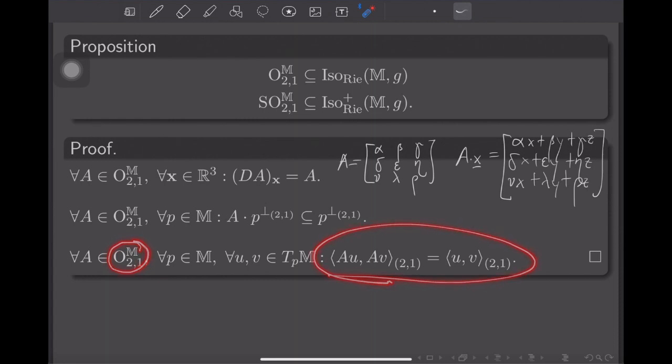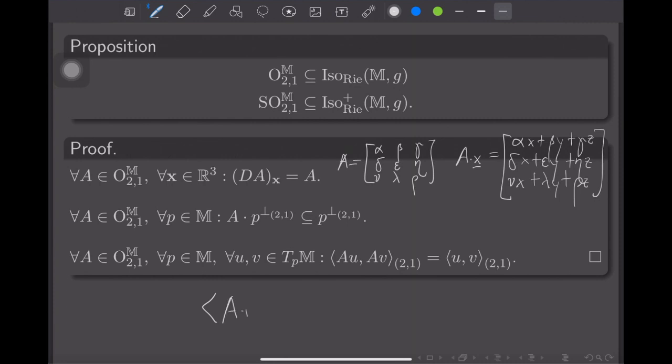Again, if I take any point P in the hyperboloid and any vector X in R3, A has this property: A times P, A times X is equal to the original value, because A is in the Lorentz group.